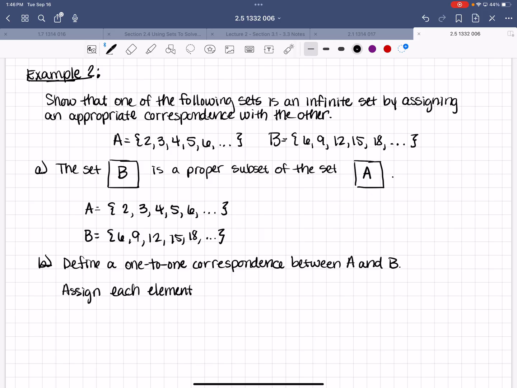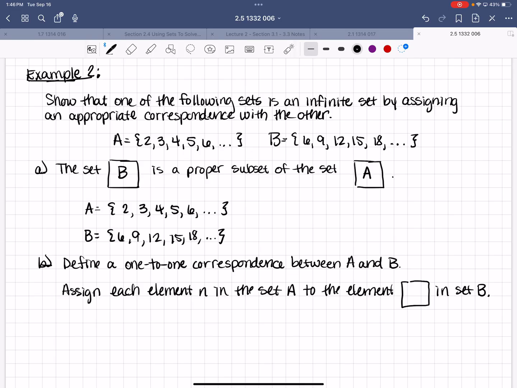Assign each element in the set A to the element blank in set B.